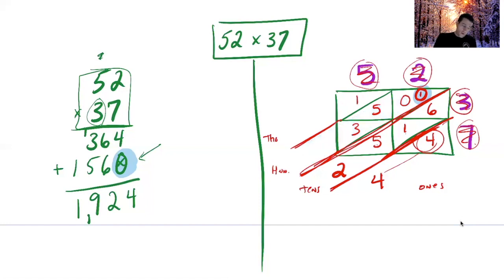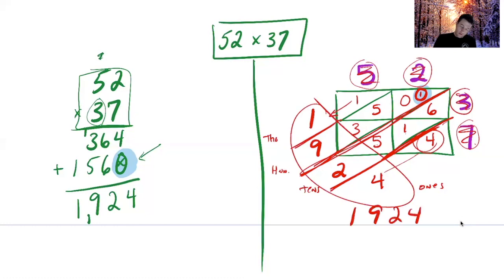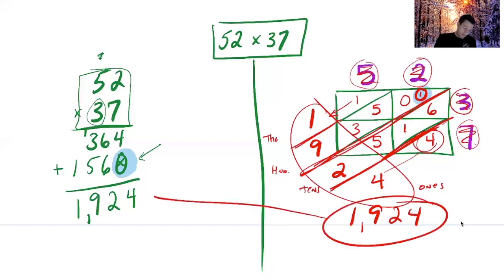So 1 plus 5 is 6, plus 3 is 9, and we bring down this 1, which is all by himself. As you can see, we can't leave the answer like that. We write it out: 1, 9, 2, 4. You can see we have the same answer.